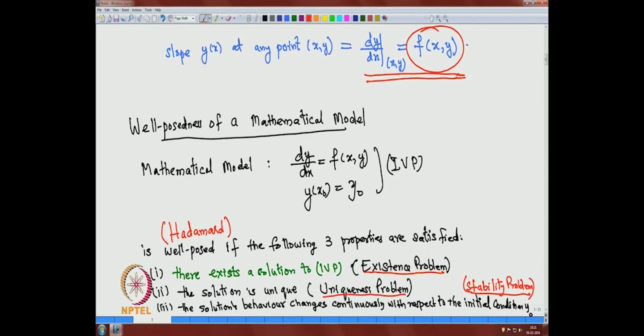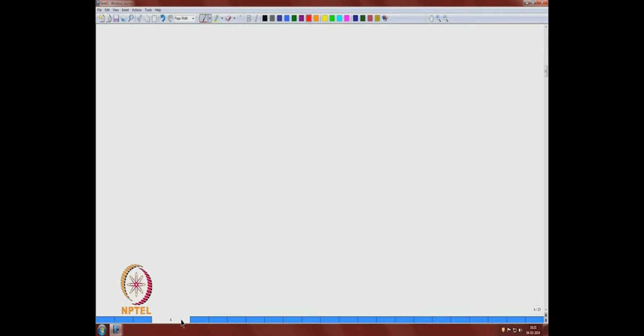So, any model which is not satisfying these three properties is known as an ill-posed problem.